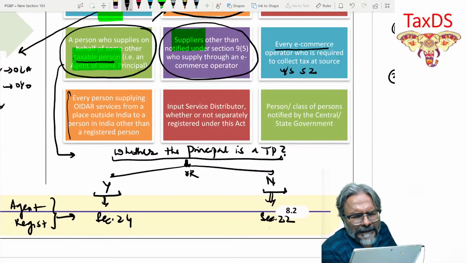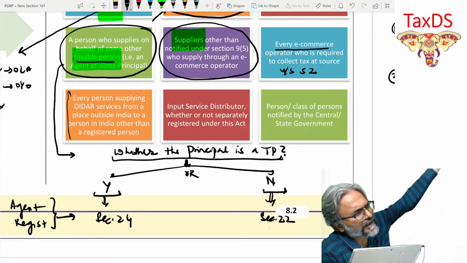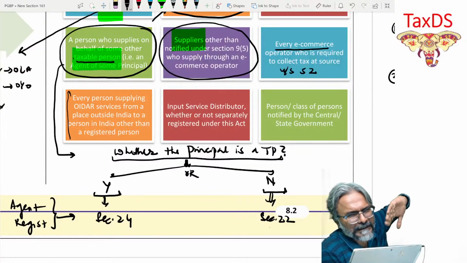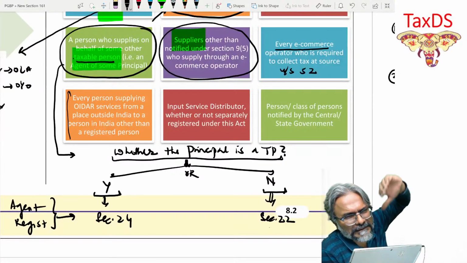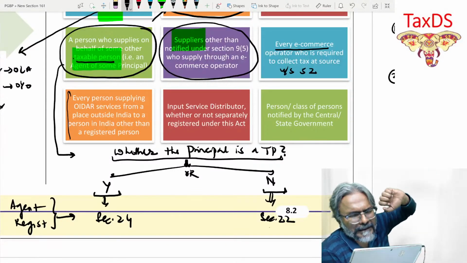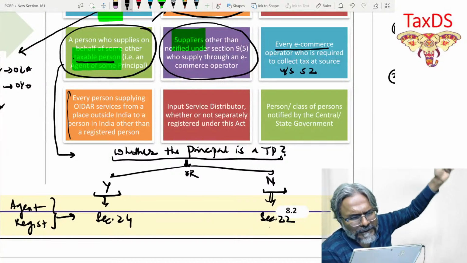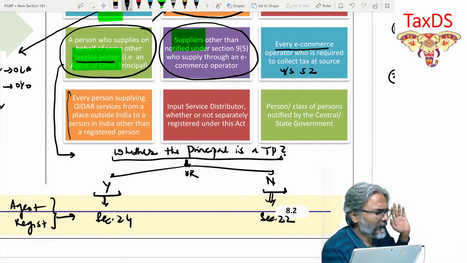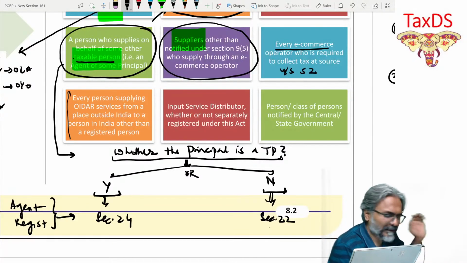You know that in the case of a non-resident who does not have a place of business in India, if they are providing services or doing a supply, then that supply, students, is subject to RCM.